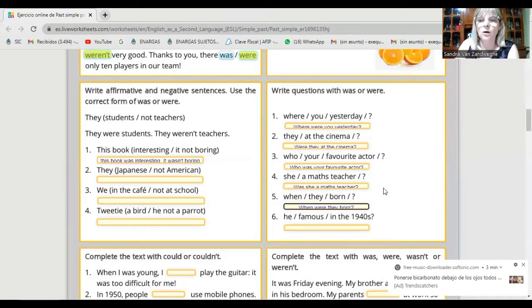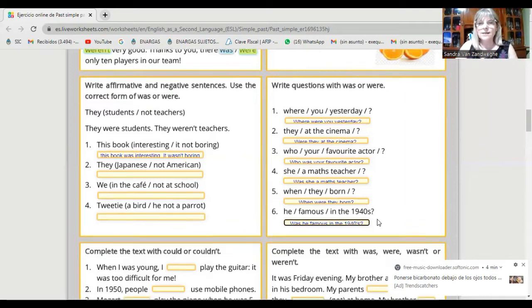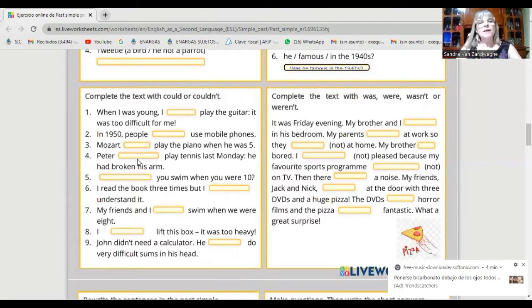When were they born? He famous in the 1940s. Ok, he, no, es cierto que era una pregunta. Was he famous in the 1940s?